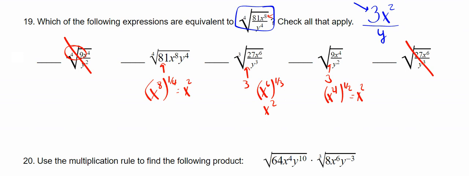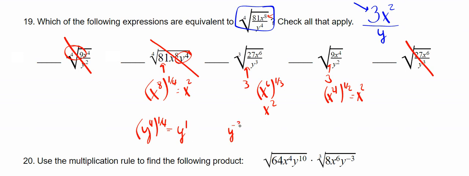Now look, the y to the 4th is in the denominator, or the y once we simplified it. So look at this second one. We have a y to the 4th being raised to the 1/4. That's a y to the first power, but it's in the numerator. It's not in the denominator. So no. In this next one, you have a y to the third power in the denominator.